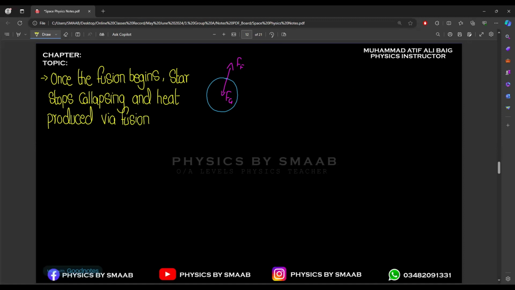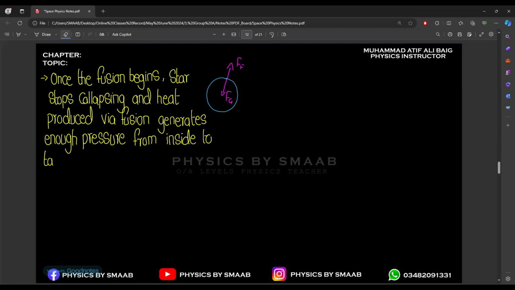The heat produced due to the fusion reaction generates enough pressure from inside to balance this gravitational force.